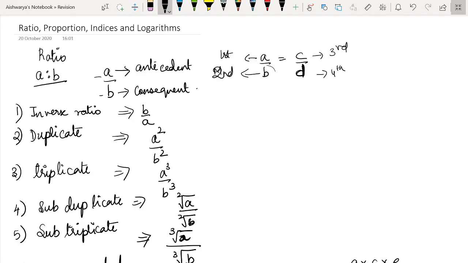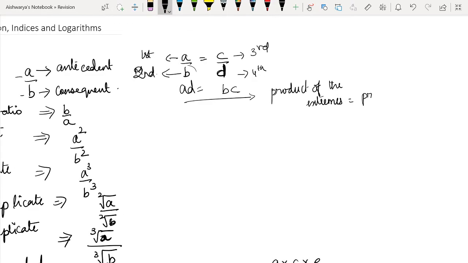What you have is AD is equal to BC, which means that the product of the extremes is equal to the product of the means. The middle two terms are called the means. So this is called the extreme, A and D are the extremes. So the product of the extreme terms is equal to the product of the middle two terms. When you cross multiply also, naturally you get the same result.